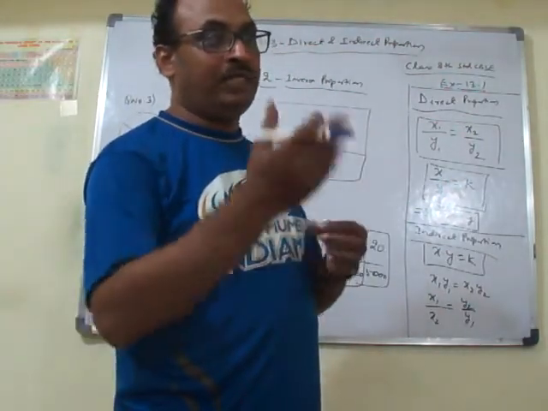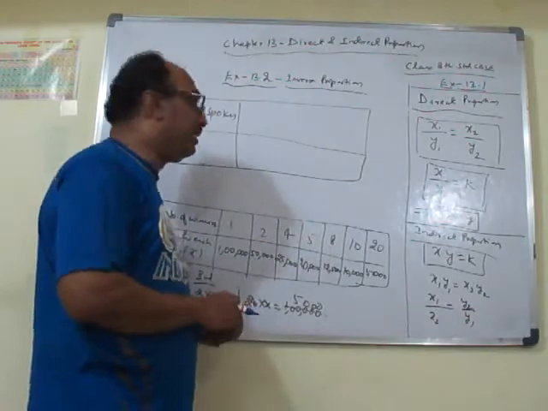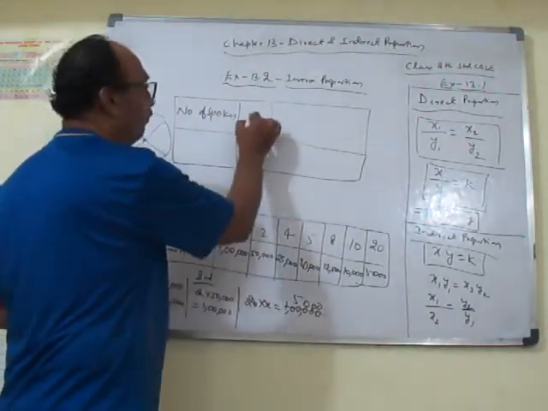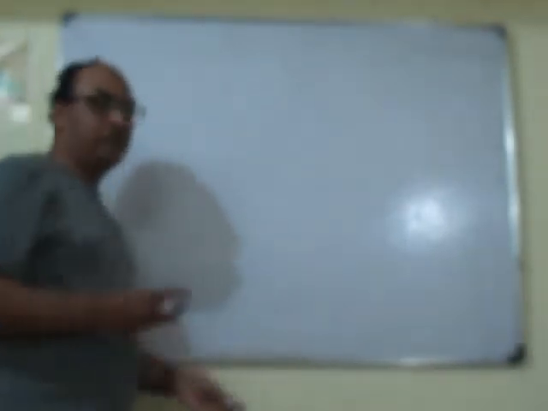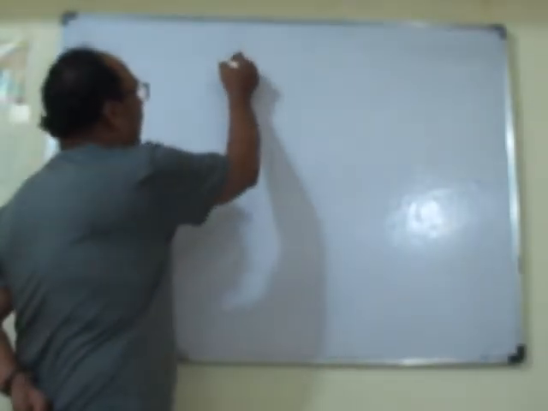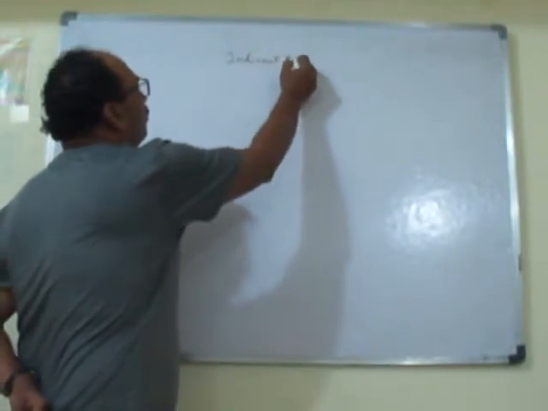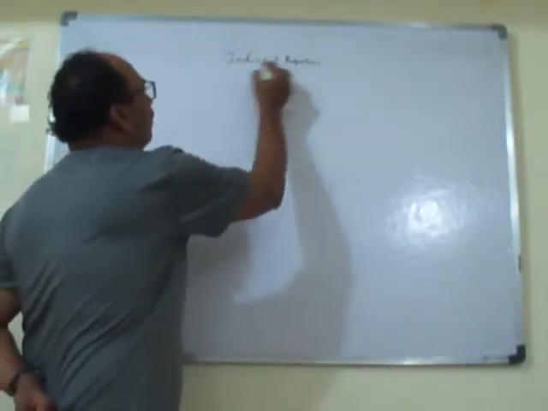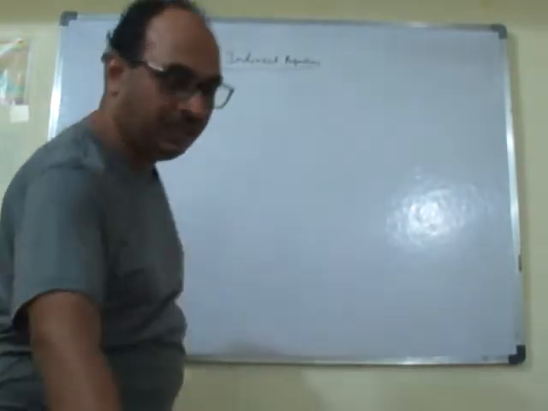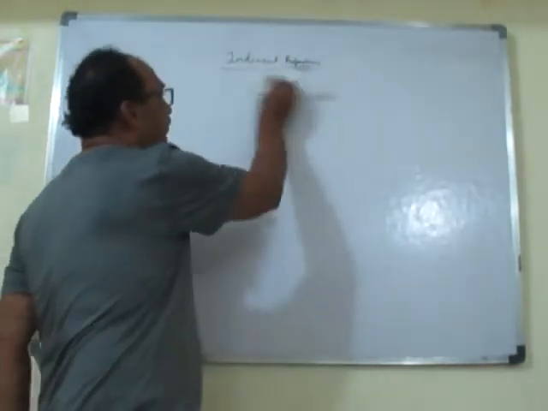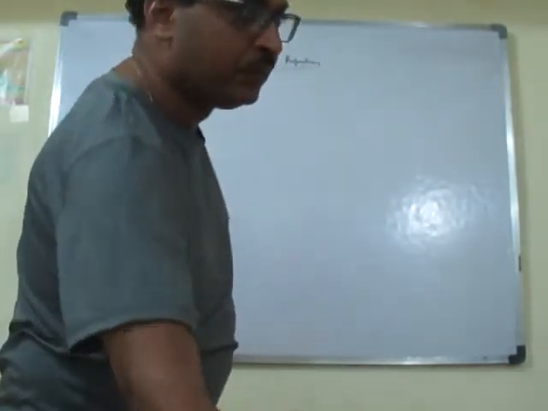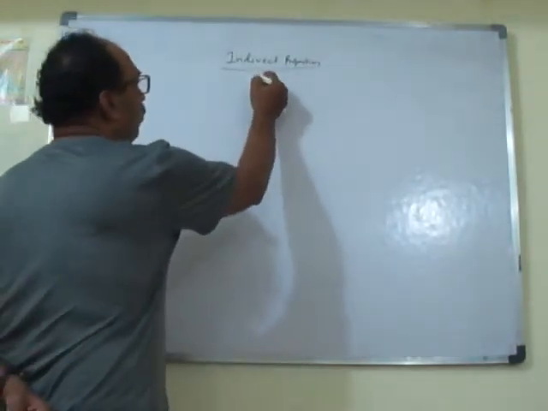Help me by completing the following table. Okay, so a table is given to us for 4. In continuation of the same indirect proportion, we were discussing question number 3 in exercise 13.2.